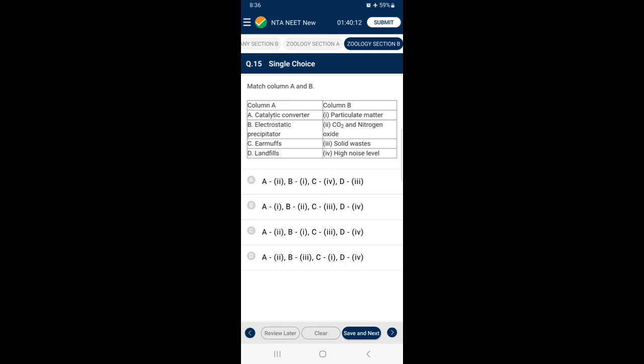So A is matching with carbon dioxide and nitrogen oxide. Electrostatic precipitator B is matching with particulate matter. C, EMF is matching with the fourth one, high noise level. Landfills match with solid waste. So the correctly matching option is A.